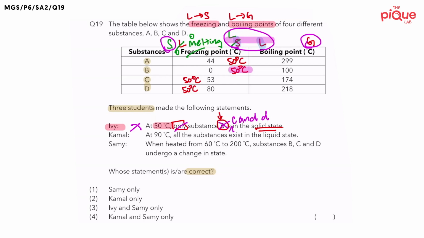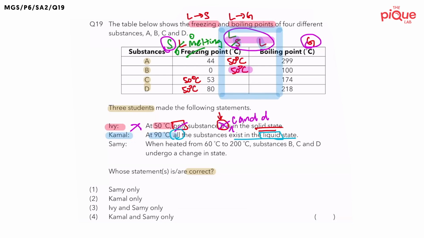Let's look at the next person. Let's look at Kamal. Kamal said that at 90 degrees Celsius, all the substances exist in the liquid state. So from the table, where can we see liquid state? Just now we already have taken a look at liquid state in the center, so I will quickly use my blue highlighter to box up liquid state. Liquid state is in the middle of the table.